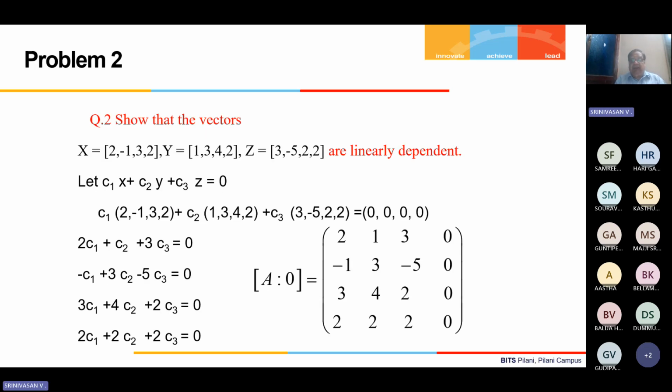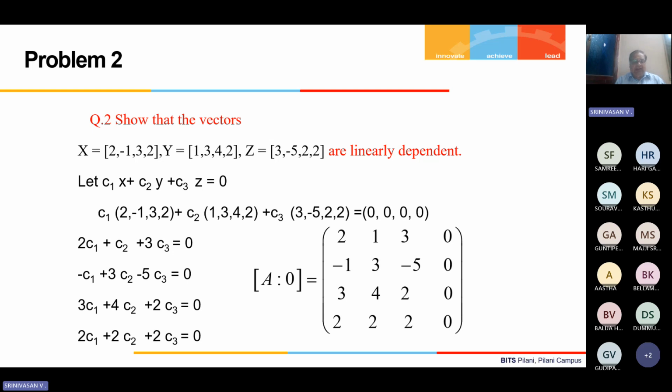Show that the vectors are linearly independent or linearly dependent. So here of course each vector has 4 components. So you have 3 unknowns, C1, C2, C3, because there are only 3 vectors, but each vector has got 4 components. So you have a matrix form like this, augmented.